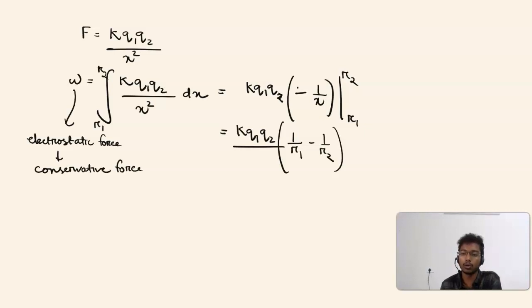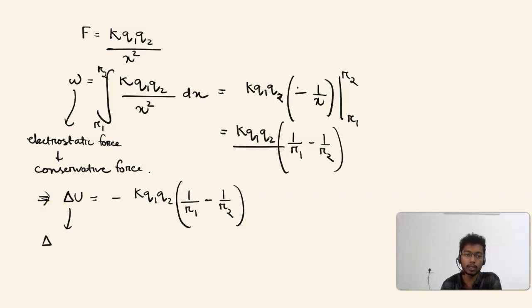In the very first lecture I told you that the potential energy we can write as delta U equals minus of k q1 q2 whole into 1 upon r1 minus 1 upon r2. So this is the potential energy. How will we represent that? We can write it as U final minus U initial.